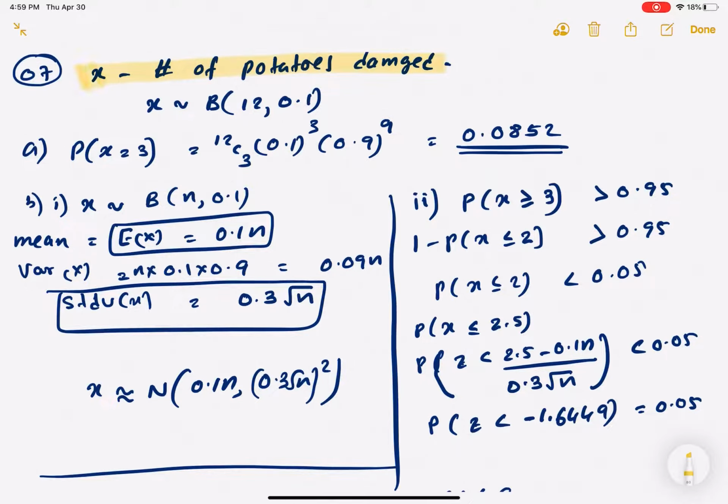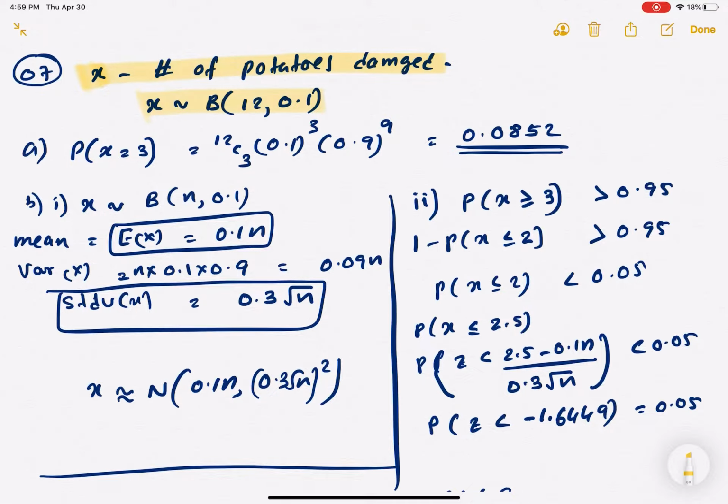So that's what I've done here. I say my x is a variable that counts the number of potatoes that are damaged. So x has a binomial distribution with 12, 0.1. So 12 indicates the number of trials, simply n, and 0.1 is the success probability. Being a damaged potato is indicated as a success here.